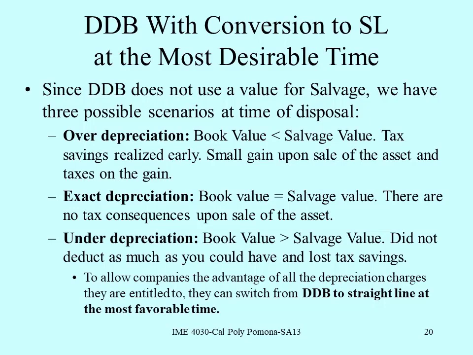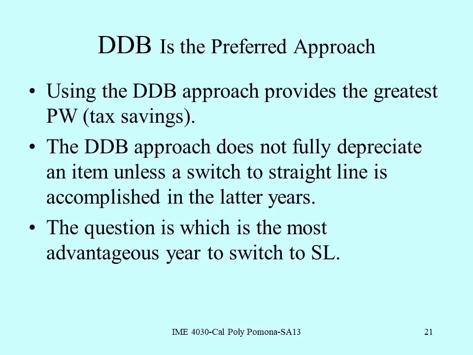And so that saves you some money. So you'll see how we treat that later on in the MACRS situation. Okay, let's go to slide number 21. Of these methods we've looked at so far, the double declining balance is preferred, especially if you can convert to straight line. And that's where we're at so far.